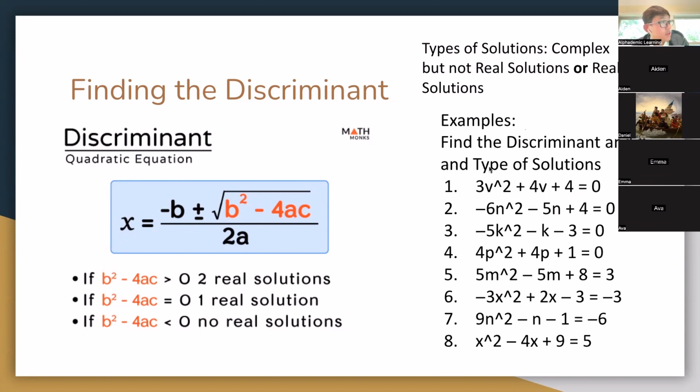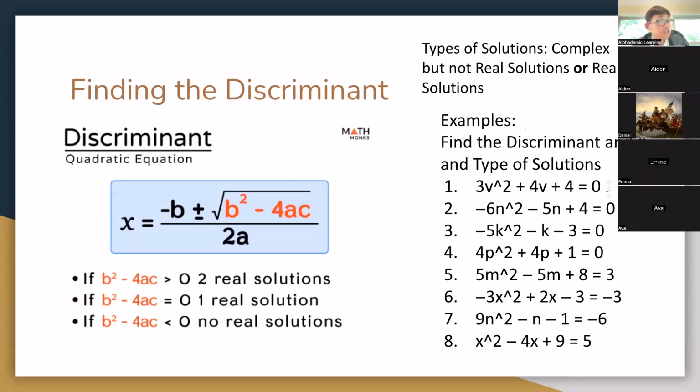So here are some examples. Just find the discriminant of each quadratic equation and then say the number and the type of solutions.